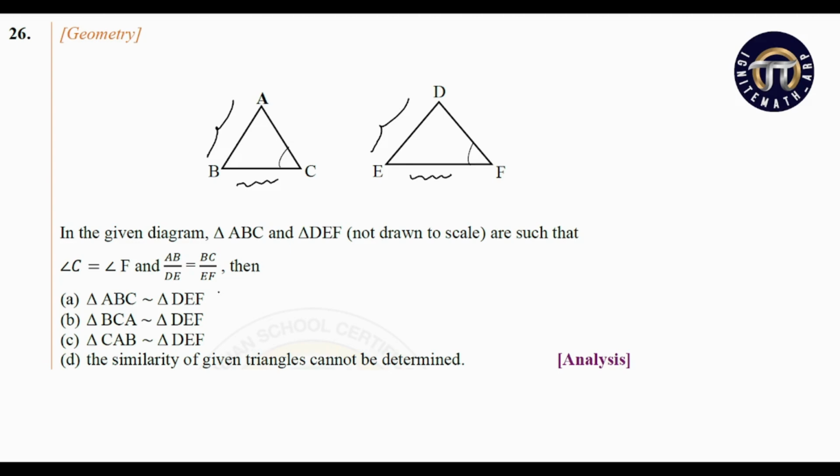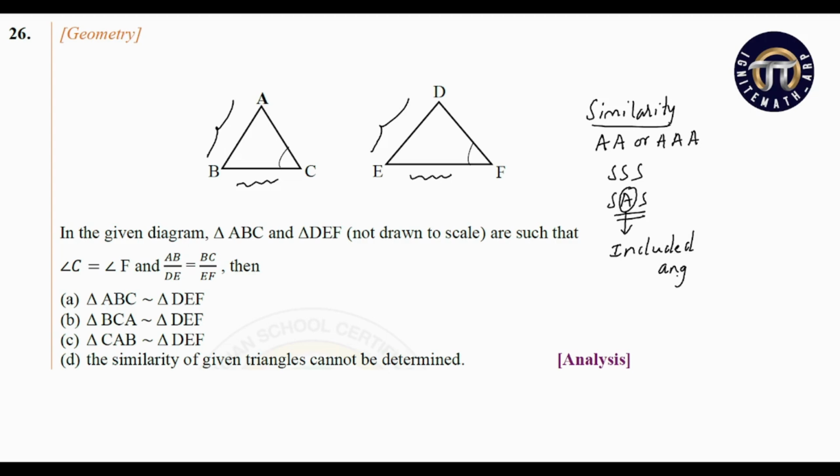So children, you must understand that whenever you are proving similarity, we know the different criteria of similarity: AA, or SSS, or SAS. Whenever I am talking about SAS, this angle should be the included angle.